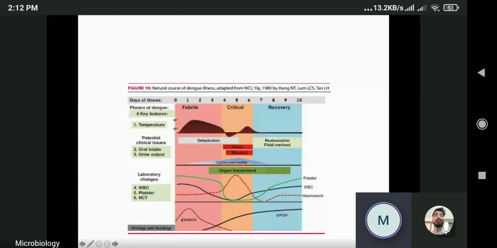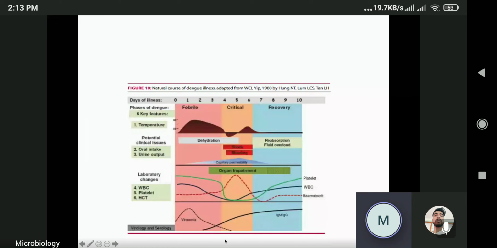And when we talk about the viral load and the immune response, in the early stages there will be viremia, and in these stages we can detect NS1, the non-structural protein 1, from the patient serum, or even the dengue virus specific genome. But in the later stages, after 6 to 7 days, antibodies start to be produced, and we can detect IgM and IgG both.